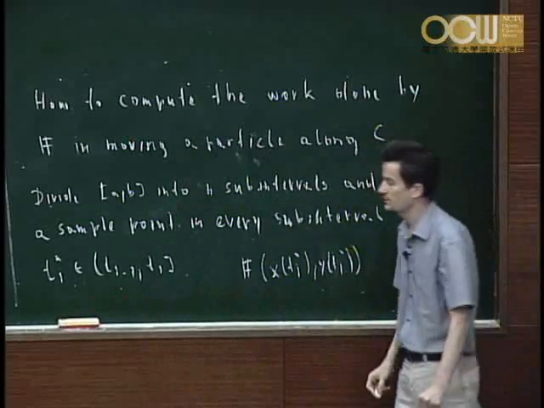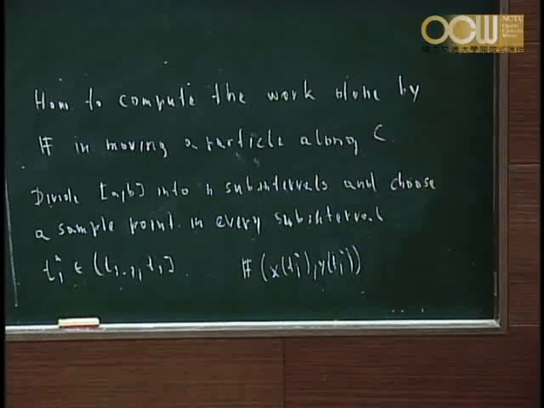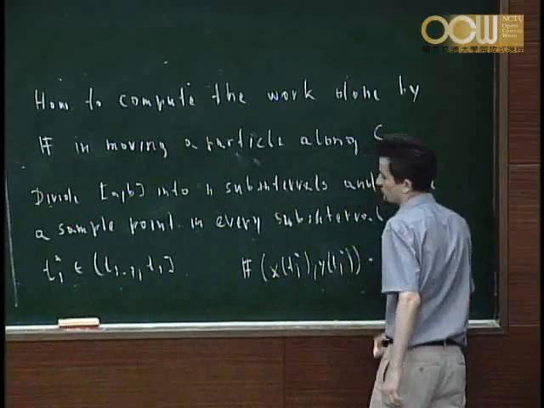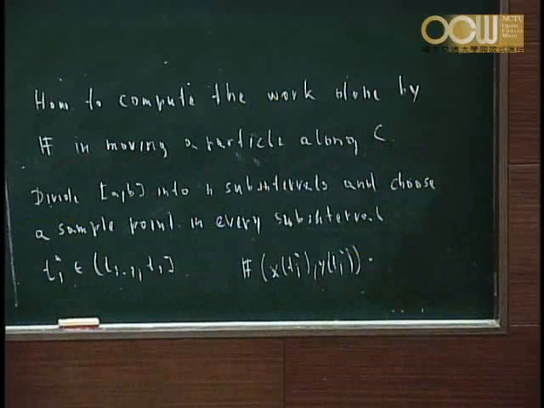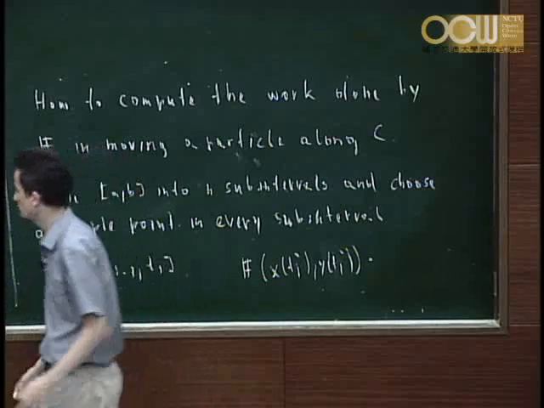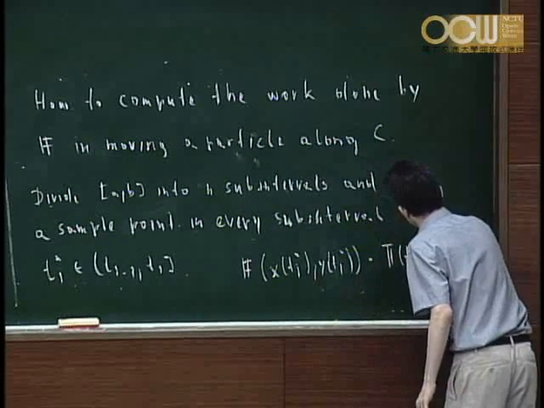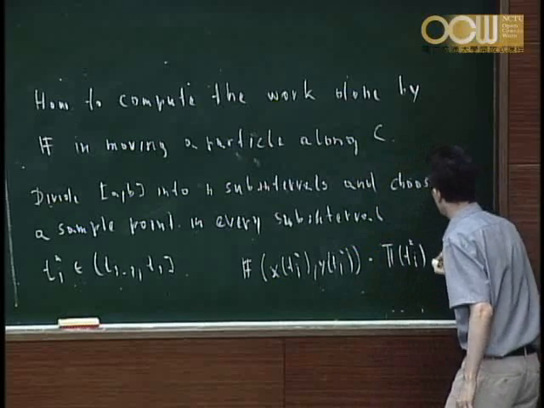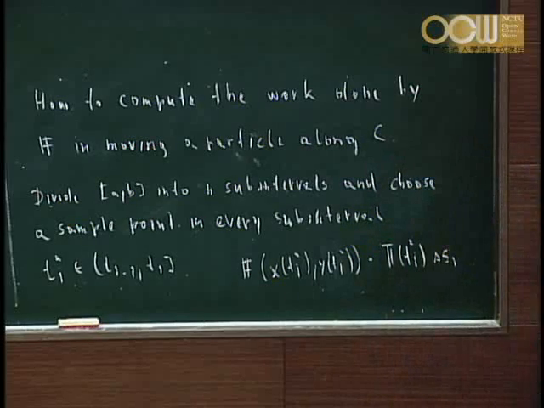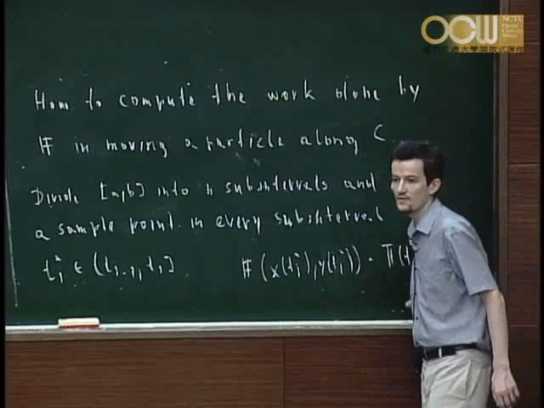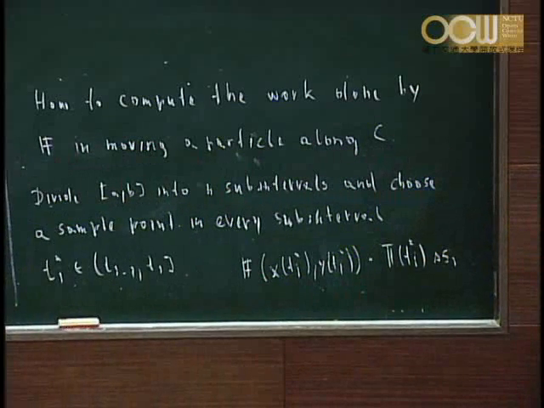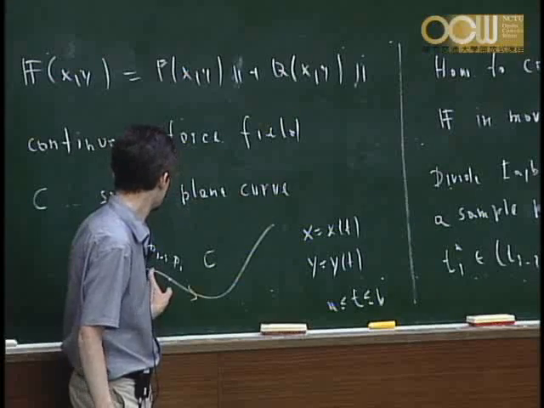And you multiply it, scalar multiplication, with the tangent vector to C at this sample point, multiplied with the length of the arc. This is scalar multiplication because these are two vectors. That's the way you can compute the work done by the vector field in moving the particle from here to here.